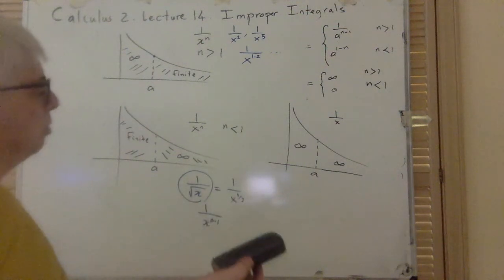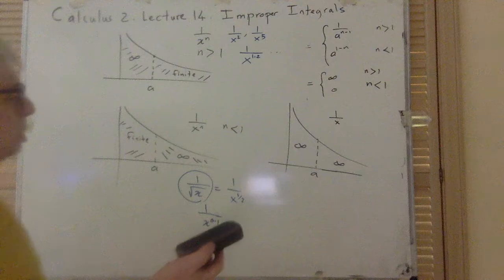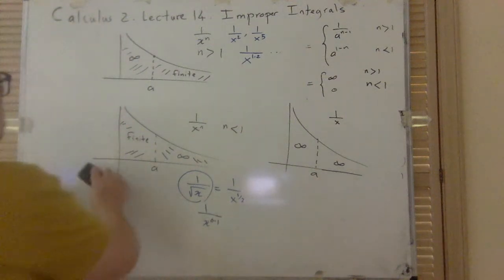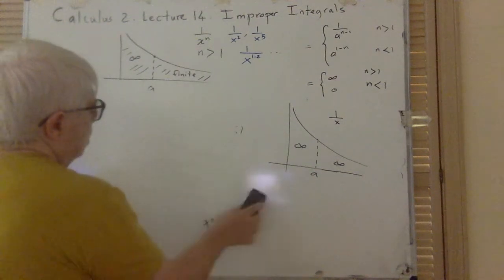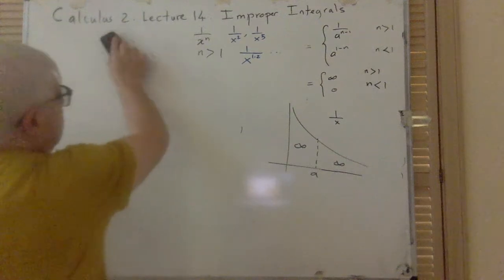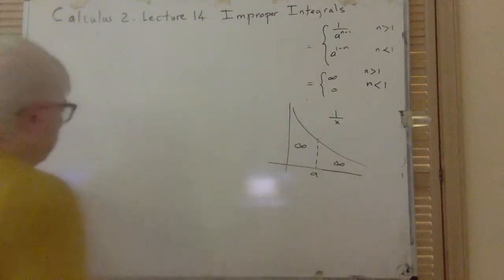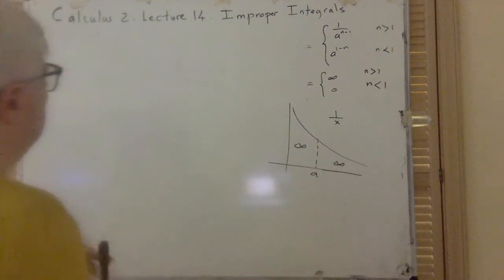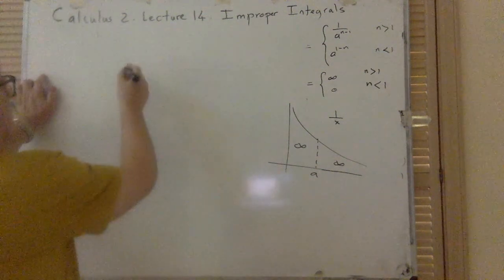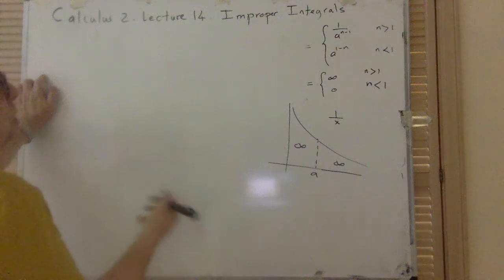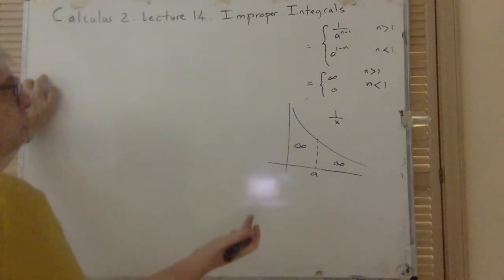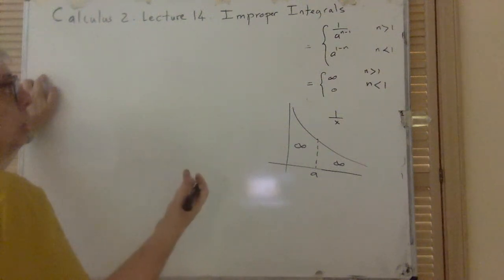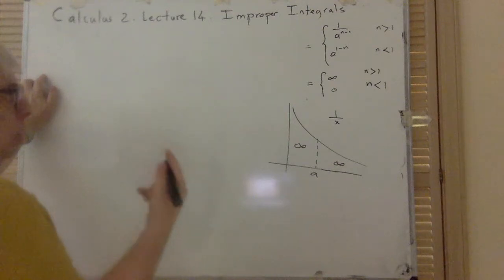There might be a situation in which it is infinite from both sides, and that happens, for example, when you're studying probability density functions. A density function is defined from minus infinity to plus infinity, and the area under the density function should be 1.